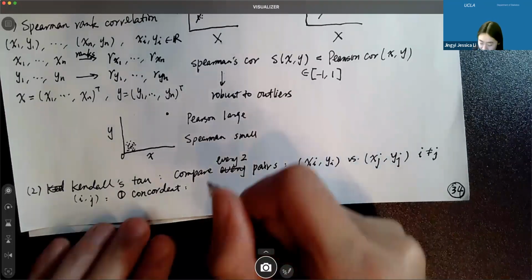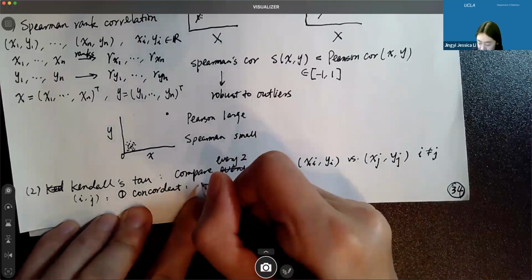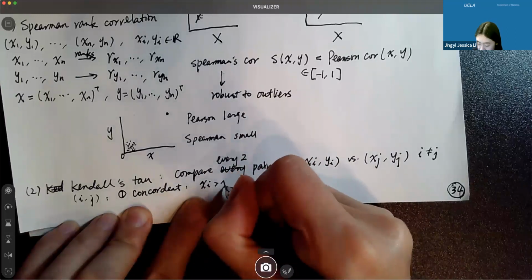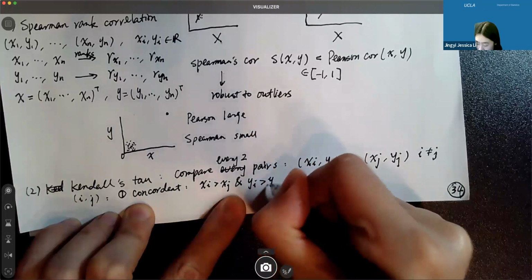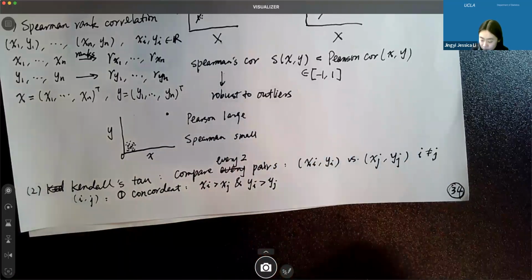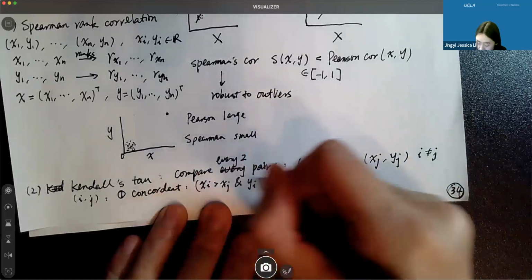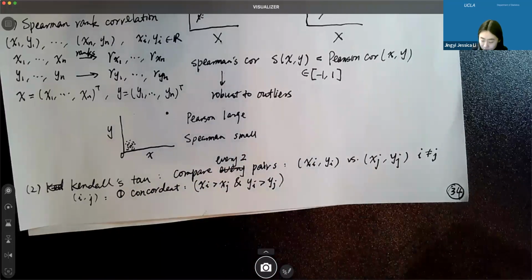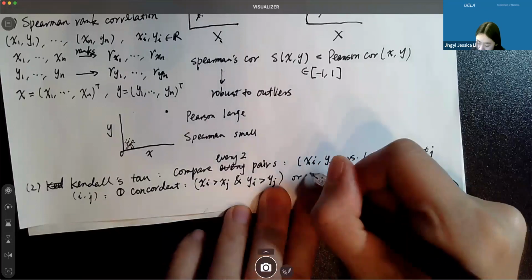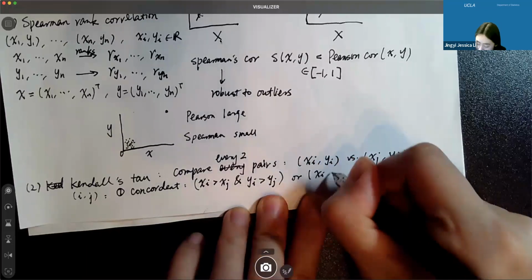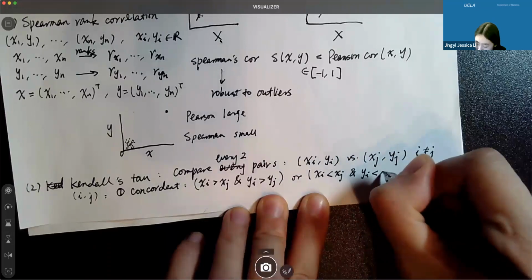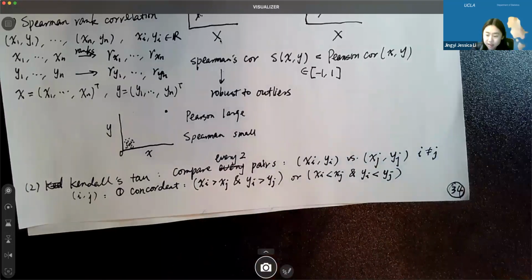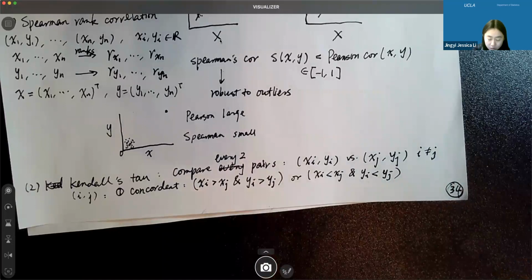So basically, if xi is greater than xj and yi is greater than yj, you see they follow the same order, then you call this ij pair concordant. Or the direction can be reversed: xi less than xj and yi less than yj. When this happens, it's also called concordant.